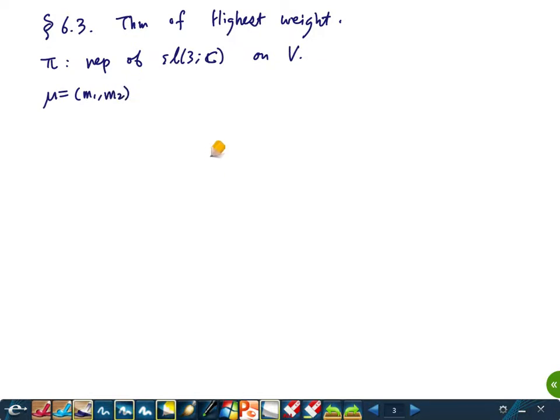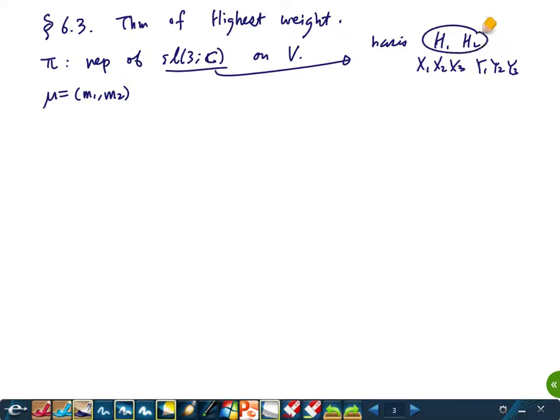Eigenvector for H1 and H2. Okay? So we have basis. So here, if you recall, we have basis like H1, H2, and X1, X2, X3, Y1, Y2, Y3. So simultaneous eigenvalue for H1, H2, or more precisely, pi of H1 and pi of H2. So it's a weight with weight vector, say V.